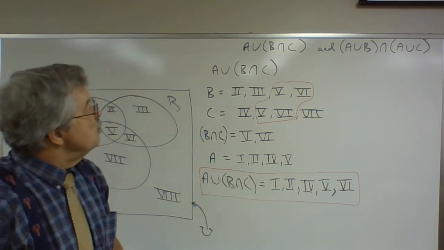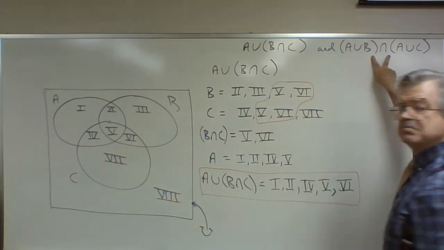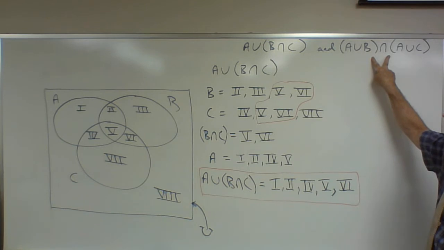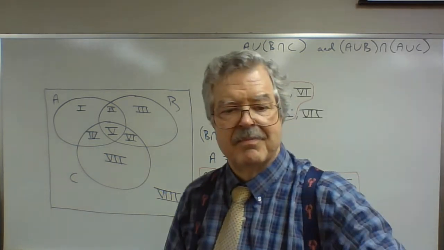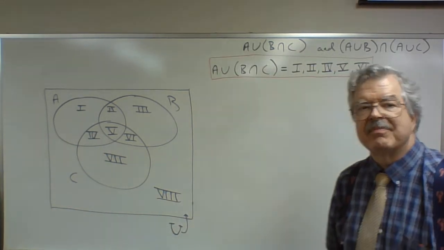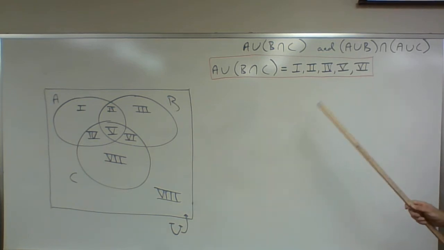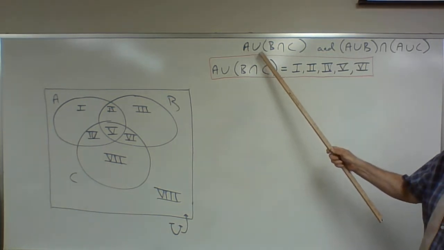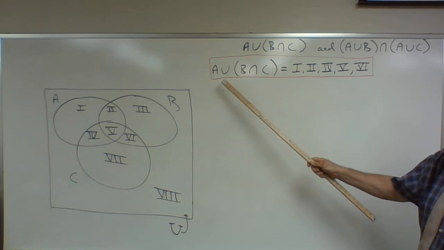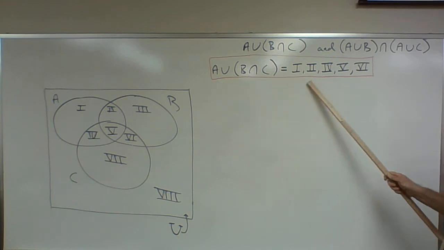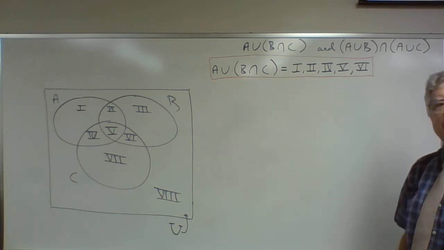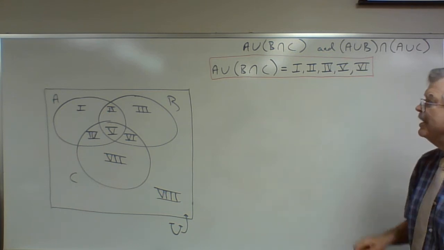Now we're going to do the same thing for this set. Okay, we've done A union B intersect C, and I've written the results across the top of the board so we won't have to trust it to memory.